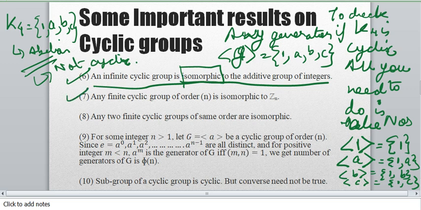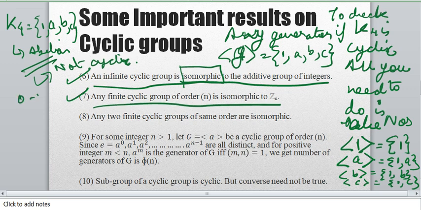Any finite cyclic group of order n is isomorphic to Zn. What does it say? Any finite cyclic group of order n is isomorphic to Zn. Let me just tell you what isomorphic is.